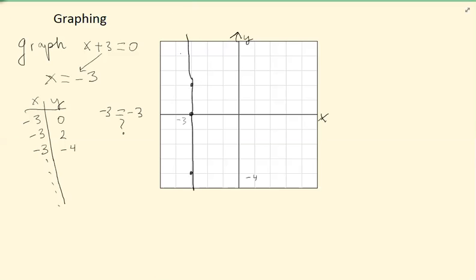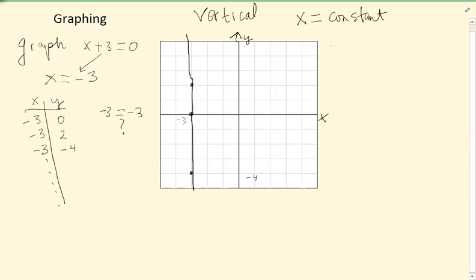A couple things we notice is that this is what's called a vertical line, and they always have this form, x equals a constant. So whenever you see an equation like this, you know automatically it's going to be a vertical line. So you don't have to spend a lot of time graphing it. Let's say x equals -2. Well, that would be over here at -2, straight up and down.